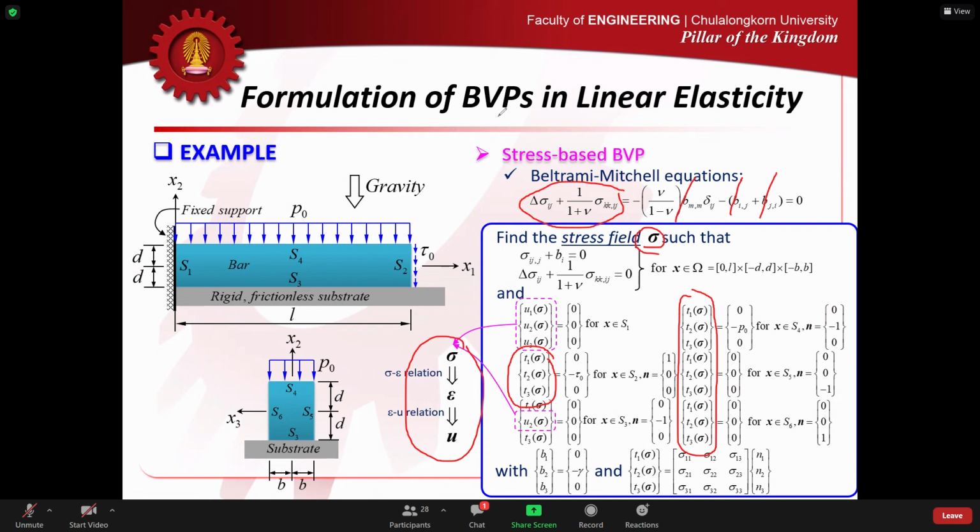So the information that you provide in the formulation has to be specific to the problem that you are interested in here. So the formulation that I gave you here, you can see that I try to connect with the information of the given problem. You know what I mean, right?